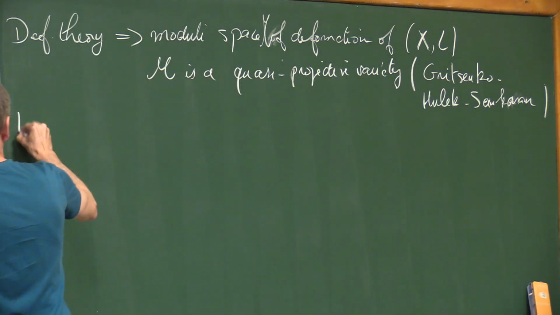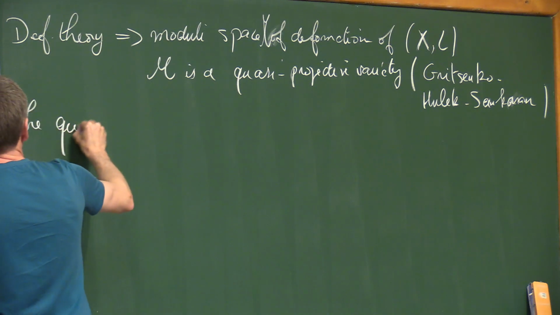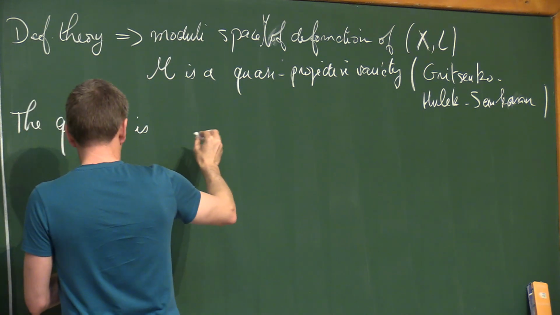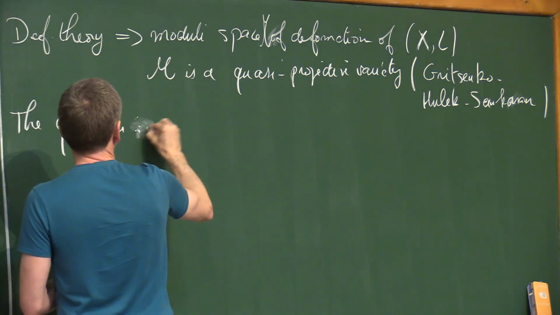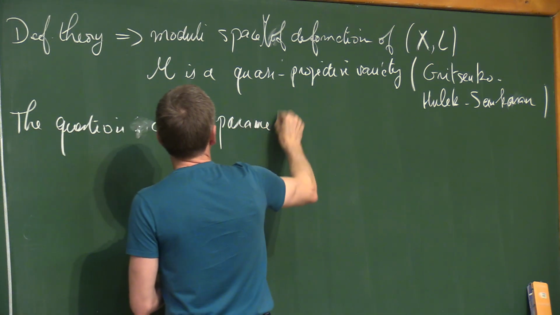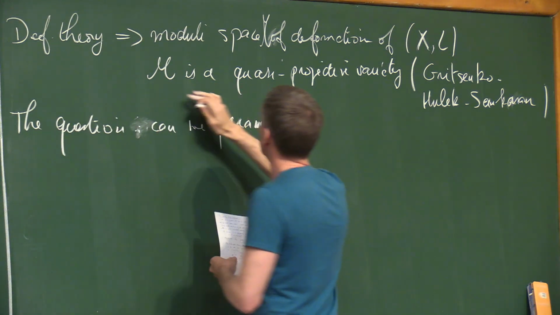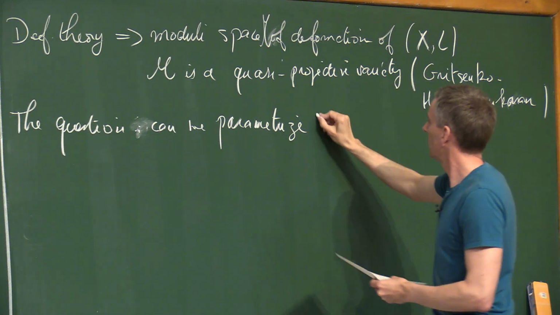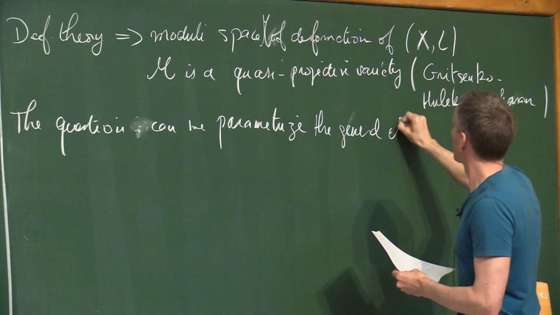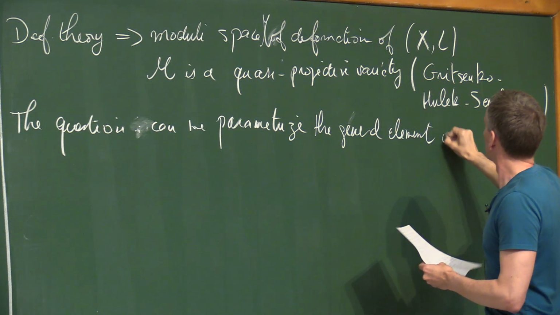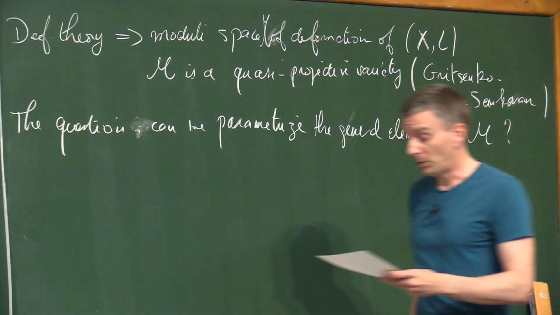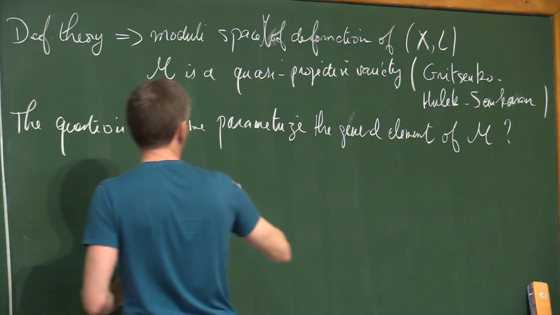So the question that motivates us is, can we parameterize the general element of such a moduli space? What I mean by that is to know if this moduli space is unirational.